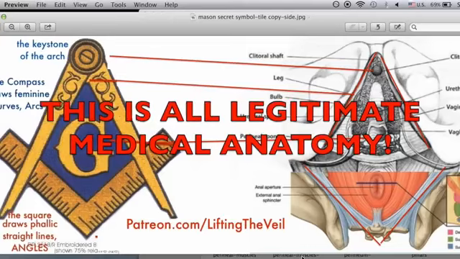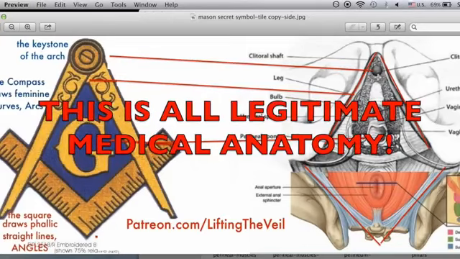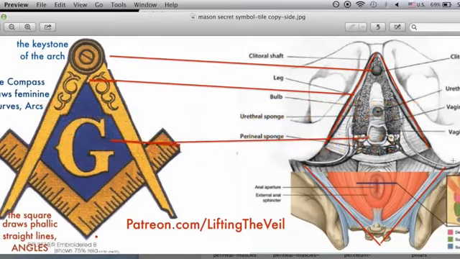What we're looking at is known as the urogenital triangle, or in other words, the as above, so below reflection that is shown in so much esoteric artwork that it's ridiculous.